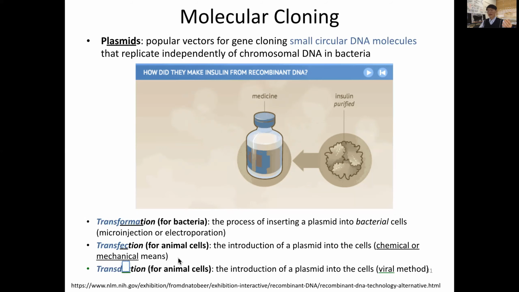But in another case, when the method of introducing the plasmid into a cell is not chemical or mechanical, but a viral method, we use a slightly different terminology called transduction. So when you're reading papers, you may find these subtle differences in inserting plasmid into a cell.